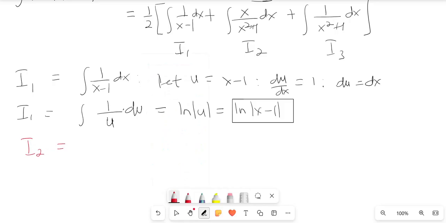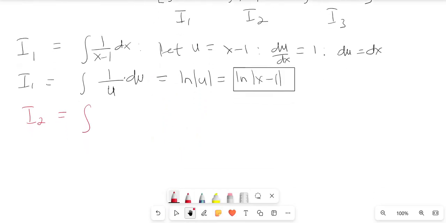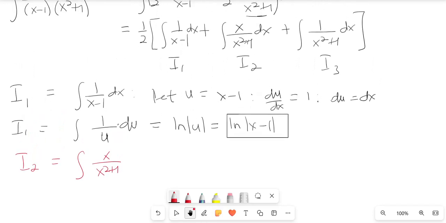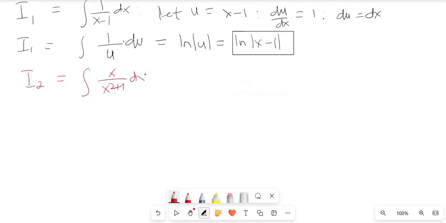Integral 2 is equal to the integral of x over x squared plus 1 dx. The same u-sub: let u be equal to x squared plus 1. du is equal to 2x dx.